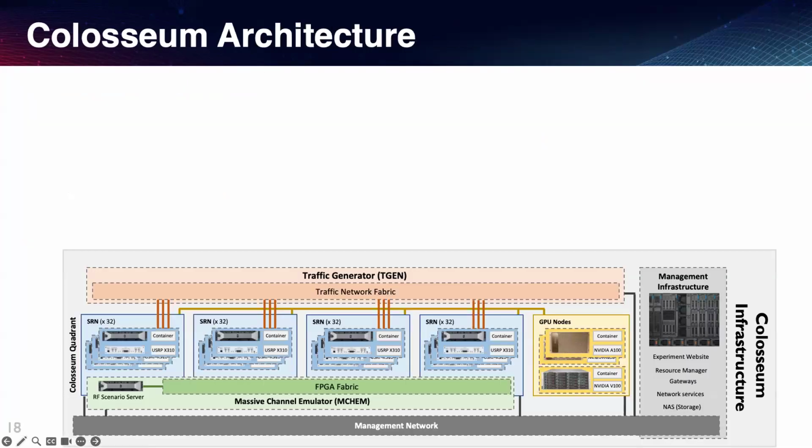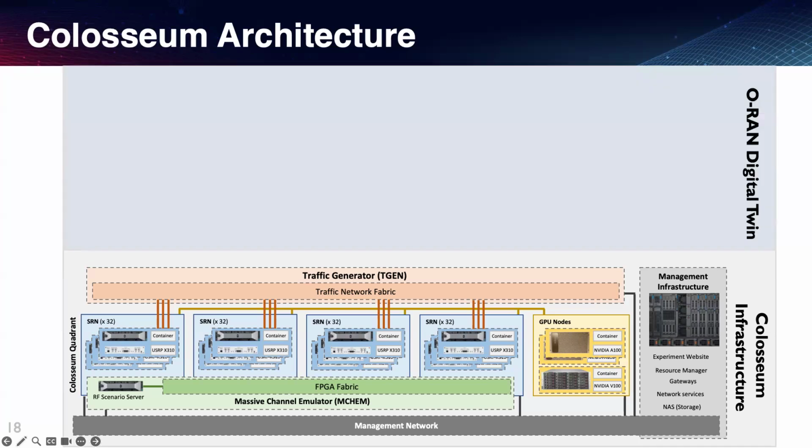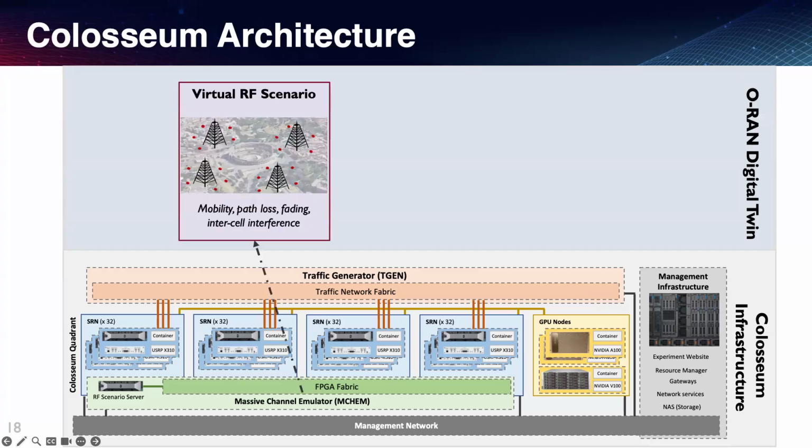And at a high level, the diagram of Colosseum looks something like this, where we have different components. The different components of the Colosseum infrastructure can be somehow mapped in the O-RAN ecosystem in some meaningful way. So we have, for example, a component that is the massive channel emulator that reproduces wireless environments.